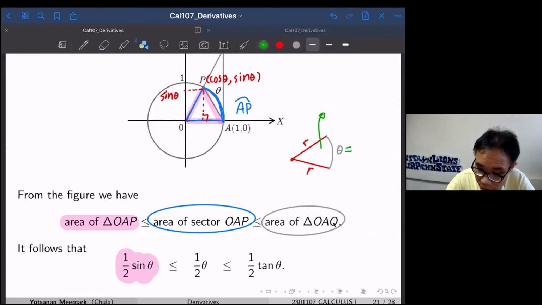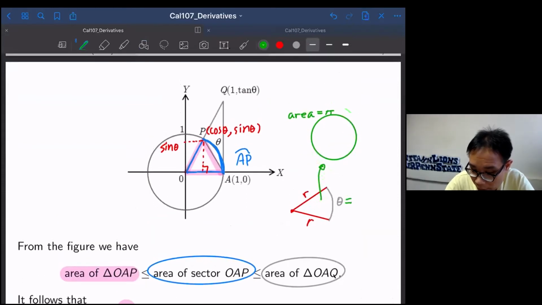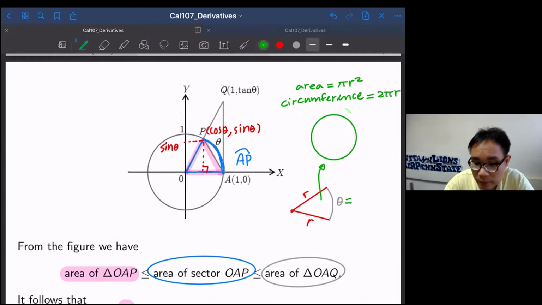So I have to draw a circle. The area is going to be pi r square, and the circumference is equal to 2 pi r.